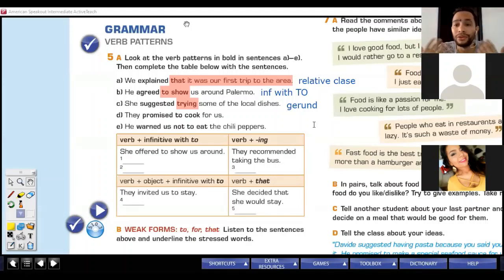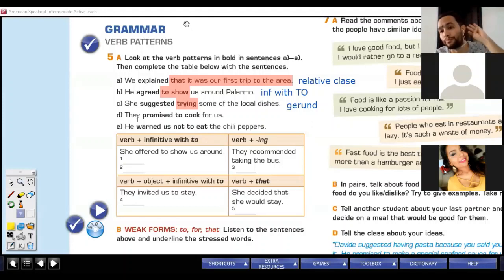But it can be used in many other different ways, like 15 different ways. And one of those ways, different from progressive, is this one: used after a verb whose pattern needs the gerund, right? So it needs to be used with the ing form right here. Well, this is the third pattern.